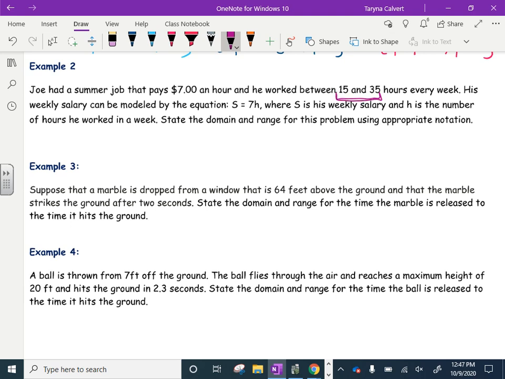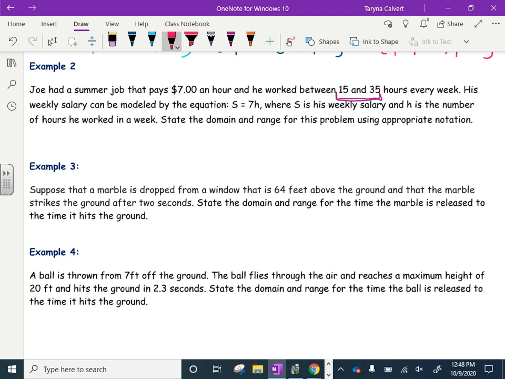Josiah, do you want to tell me what you think? Yep, so the domain will be on the h-axis. Perfect. Do you guys agree that the 15 and 35 will be on the h-axis, which is the horizontal?